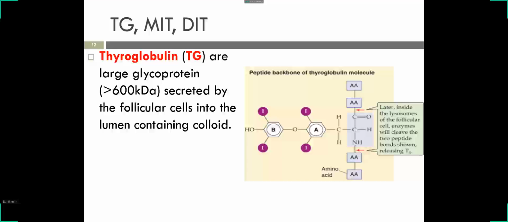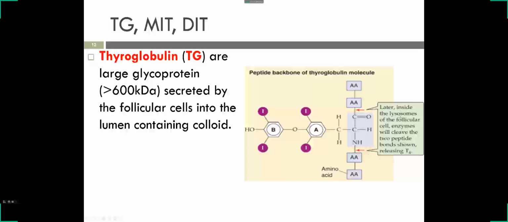So, thyroglobulin is a large glycoprotein, over 600 kilodaltons, and it's secreted by the follicular cells into the lumen containing colloid. And the structure of the peptide backbone of thyroglobulin looks like this, you can see here. You can recognize the tyrosine backbone, right?